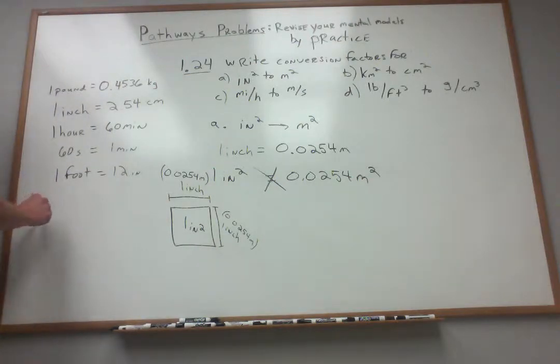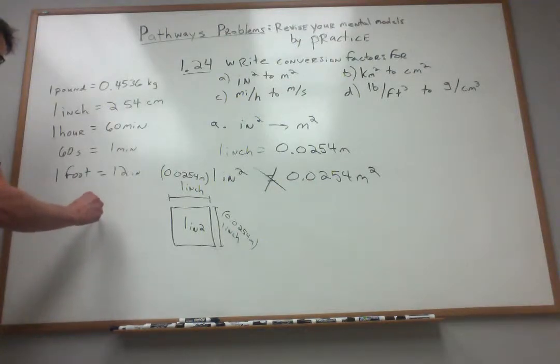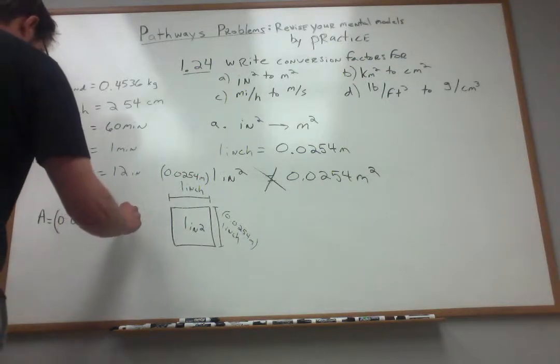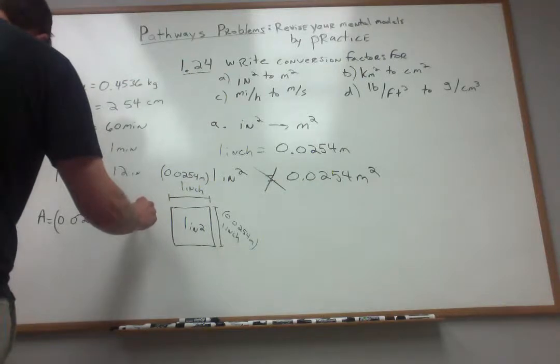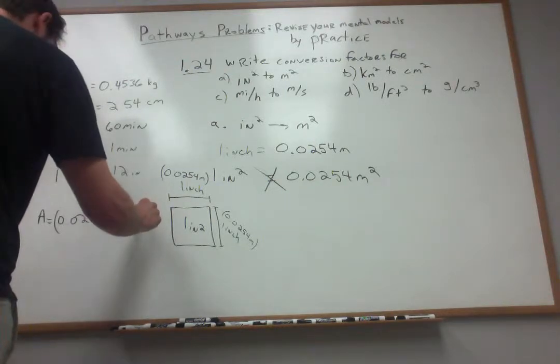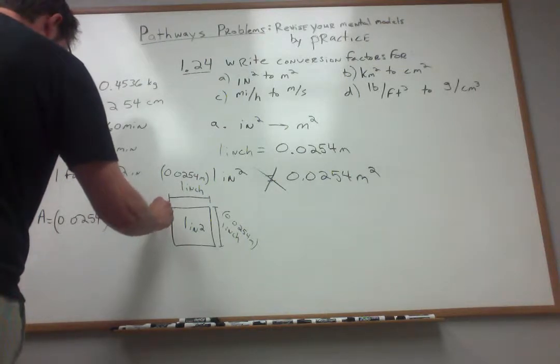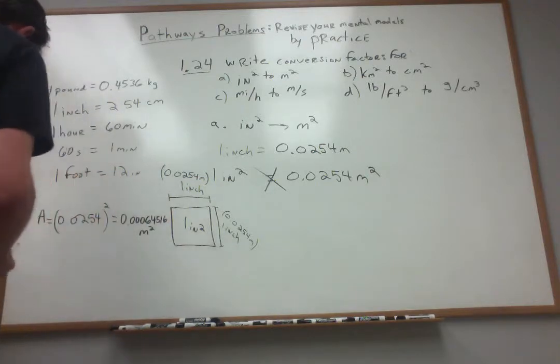And then in such a case, the area in square meters is 0.0254 times itself, or squared. Everybody see that? If you do the math on that, the answer that you get is 0.00064516 meters squared.